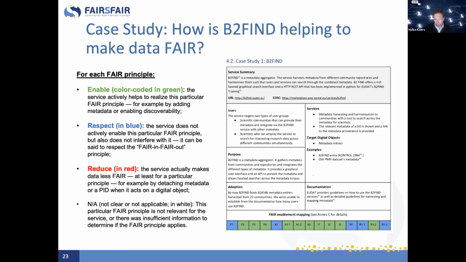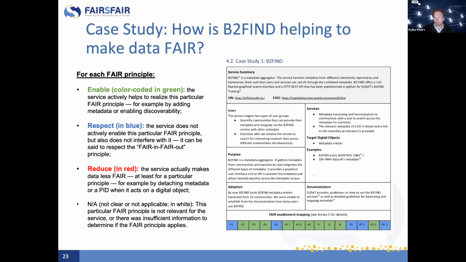We also did a couple of case studies. I'm just highlighting one, B2FIND, where we looked at the existing service proposition and mapped it against the FAIR principles. For each of the FAIR principles, we tried to map the service to one of 4 categories. Is this service really enabling this particular FAIR principle?